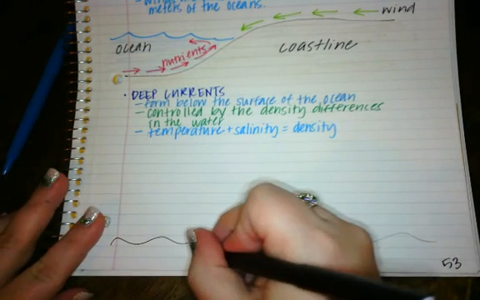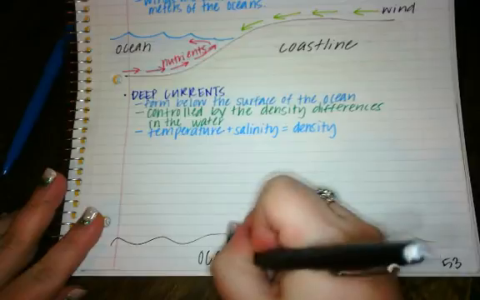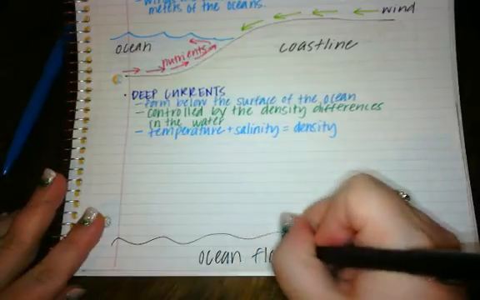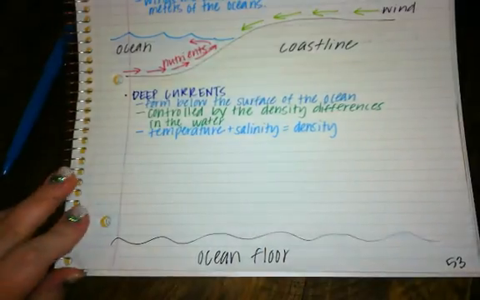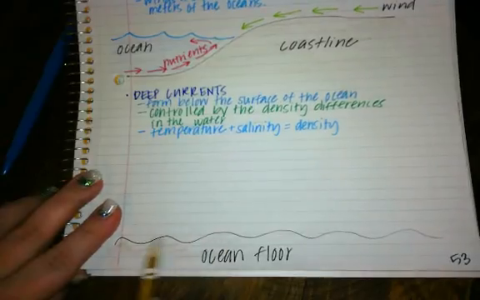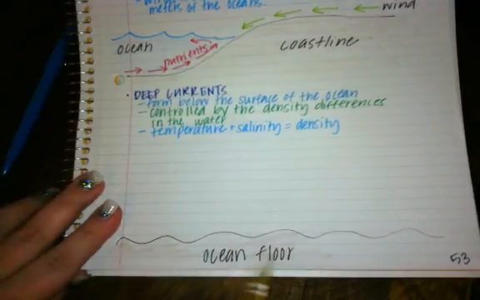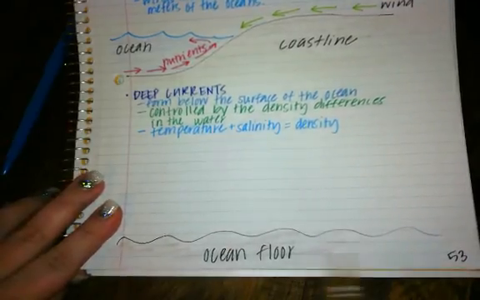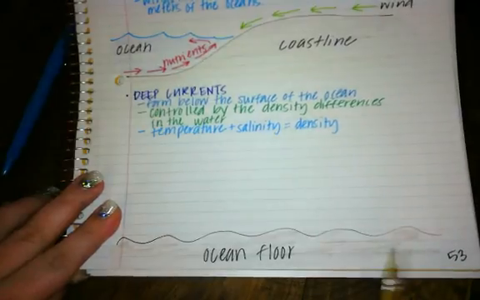So right here, you're gonna draw a wiggly line. We're gonna label this ocean floor. Okay, I'm gonna take my brown. That obviously doesn't show up. Maybe that's appropriate. It looks more like sand this way.